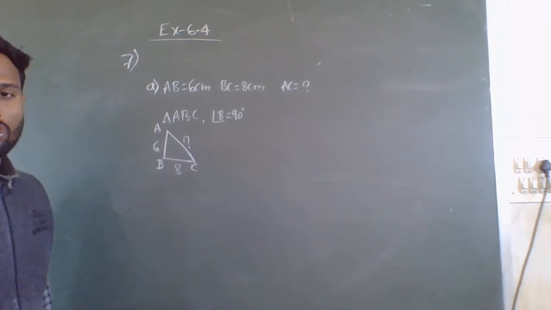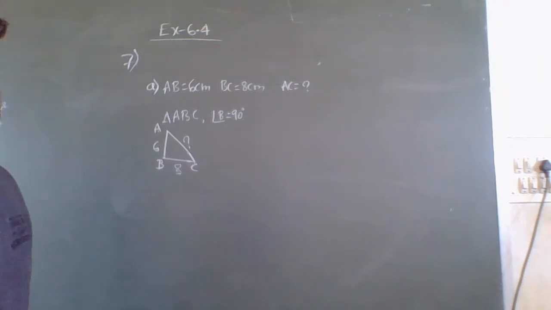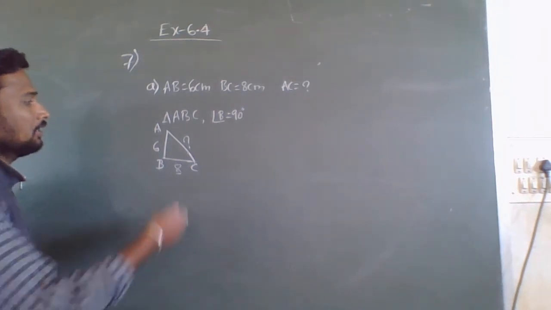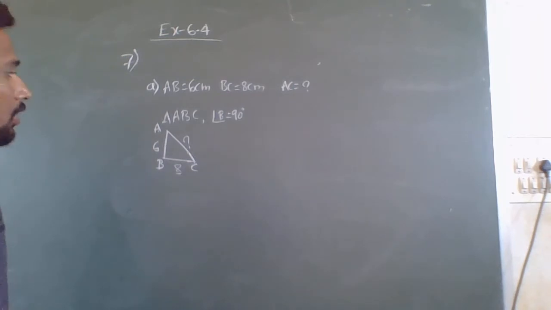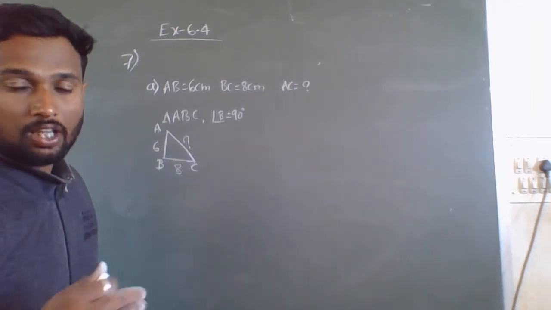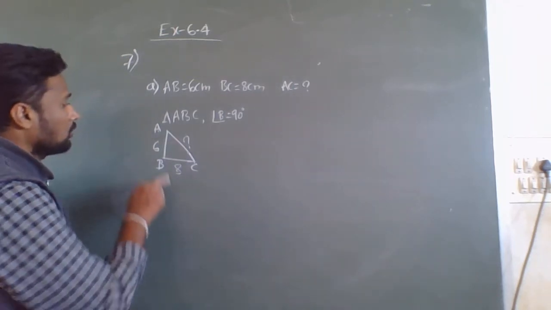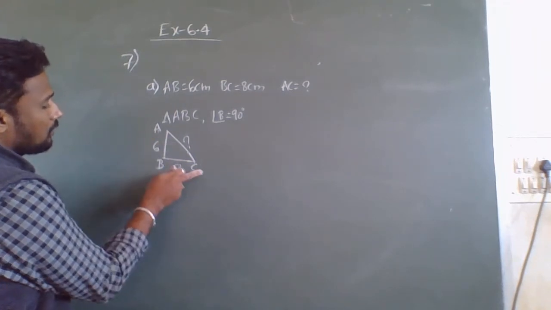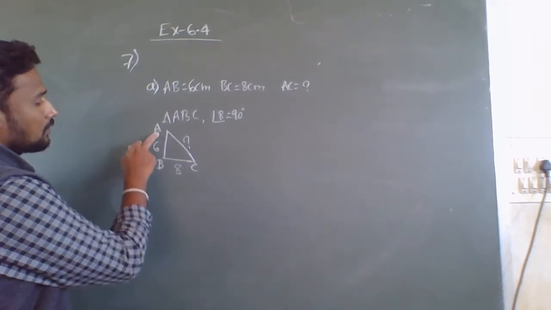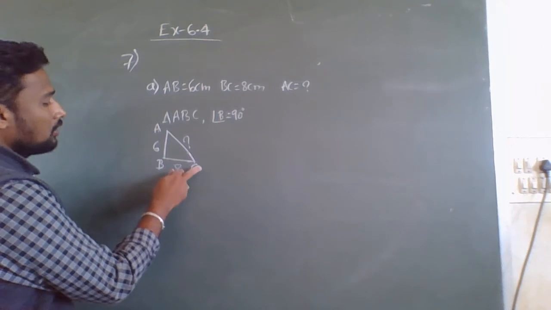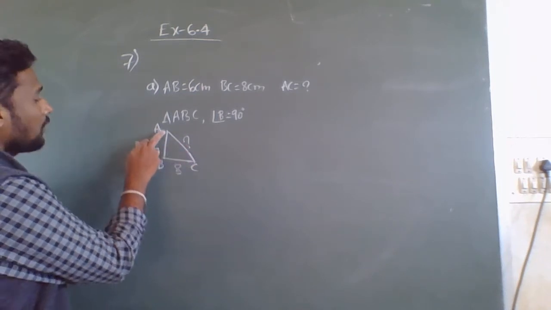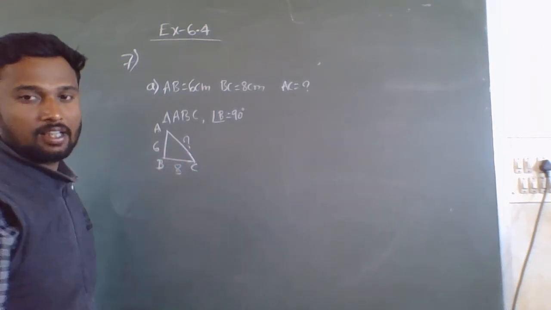You all know that by Pythagoras theorem, we can calculate the length of the hypotenuse. How? In a right angle triangle, we can apply Pythagoras theorem. So you can see here, AC square is the square of the hypotenuse in a right angle triangle.